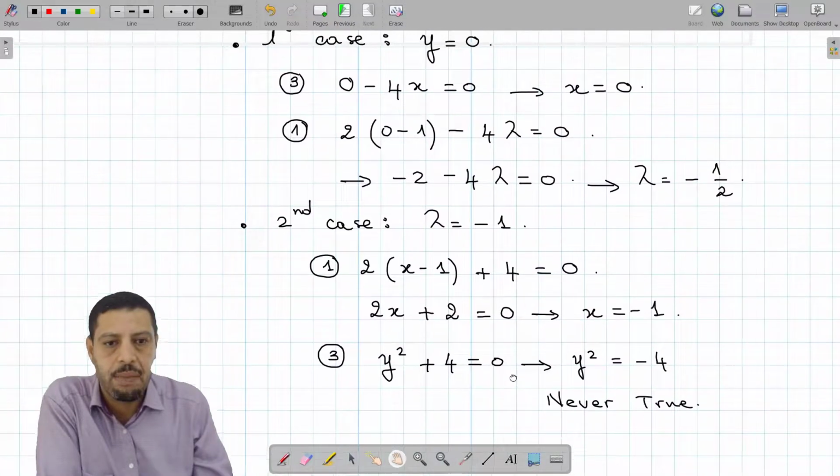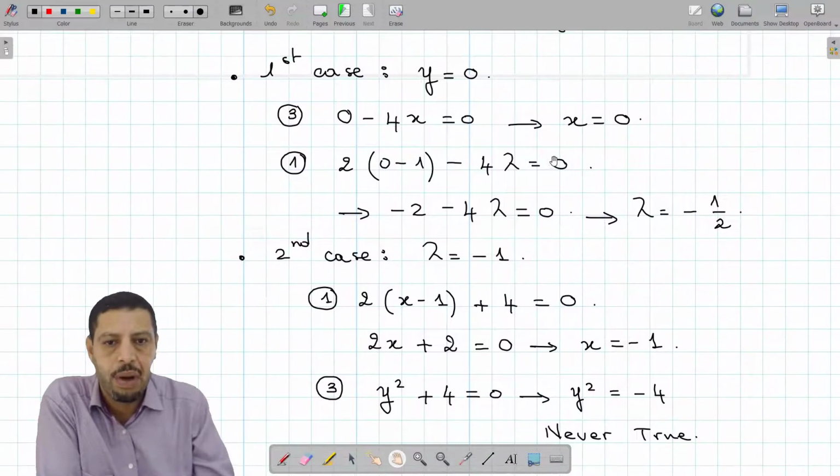So the only critical point in this case is the first one, which is x equals 0, y equals 0, and lambda equals -1/2.